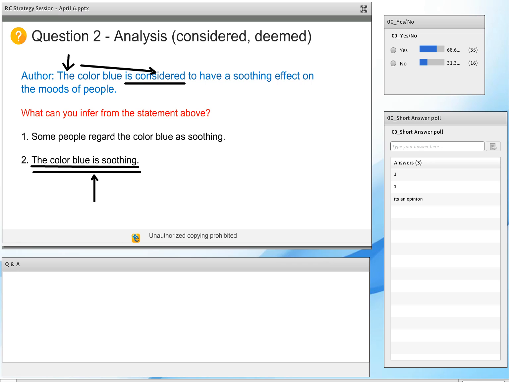So whenever you're reading the passage, it's very important to understand whose viewpoint is being presented, because the author takes up multiple roles when writing the passage.